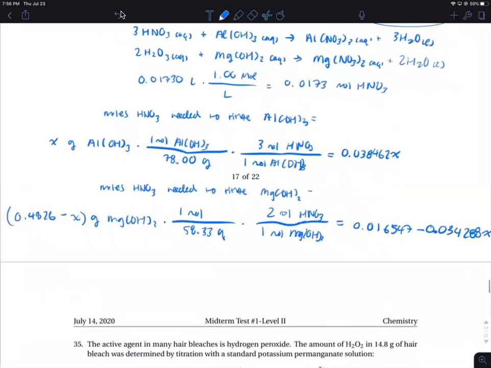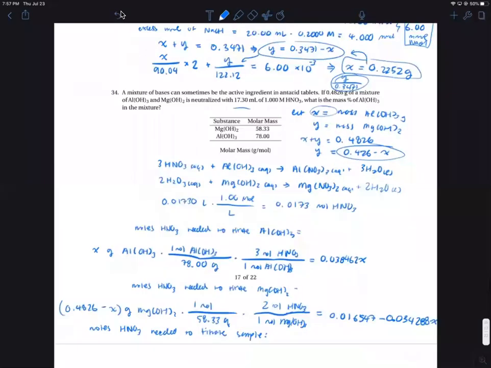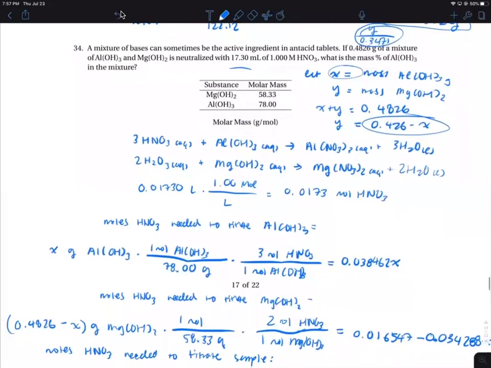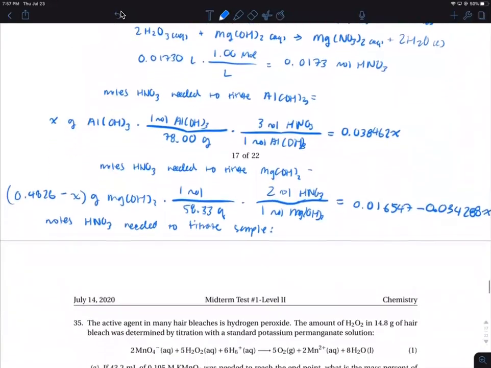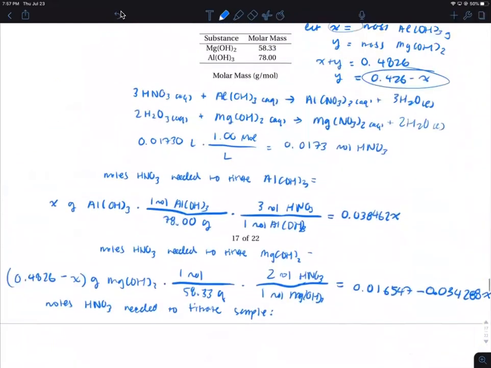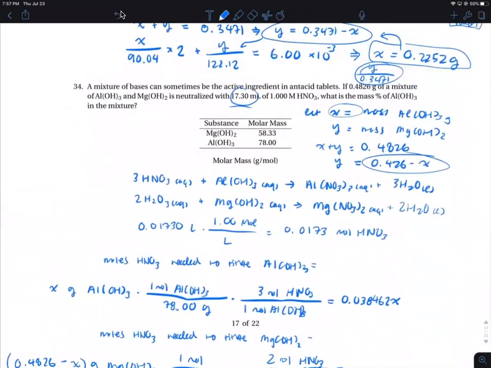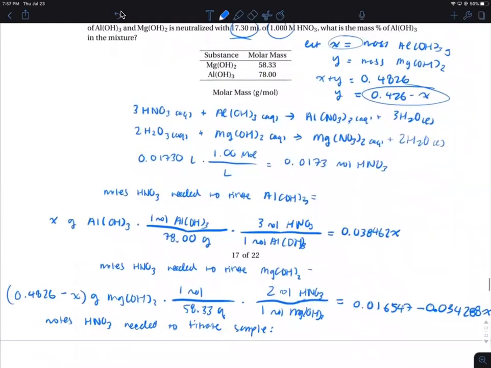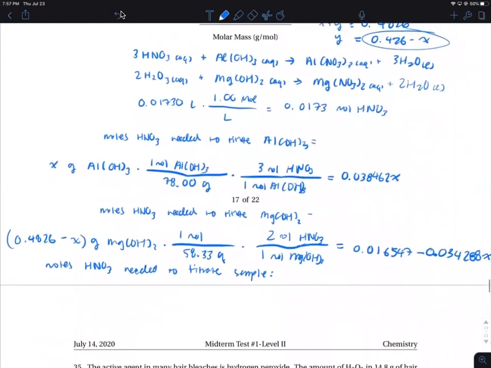Then we know that the moles HNO3 needed to titrate the sample is just going to be the sum, and it adds up to this many moles. That's because it's 1 molar, and if we already converted earlier, we found this many moles.